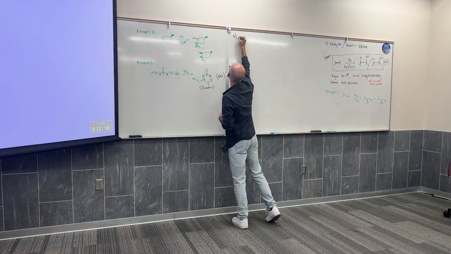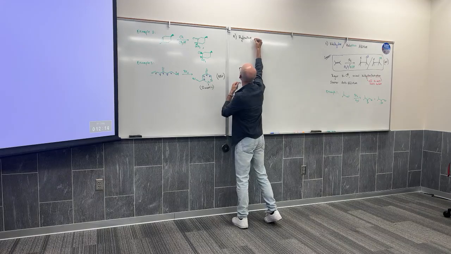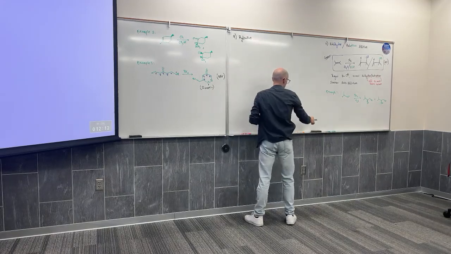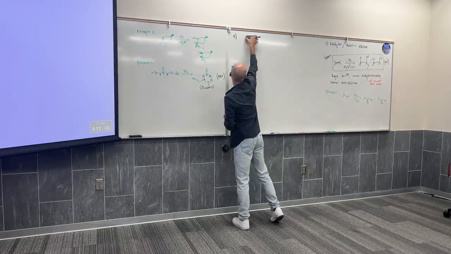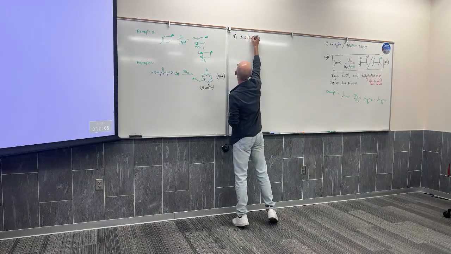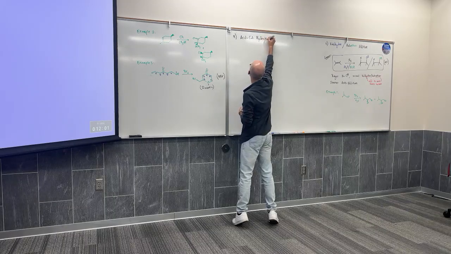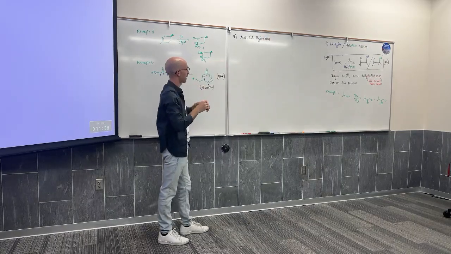Next, we're going to look at hydration reactions. Now, I'm actually going to separate our 3 hydration reactions. So first, we're going to look at acid catalyzed hydration. Then we'll look at 2 other hydration reactions.